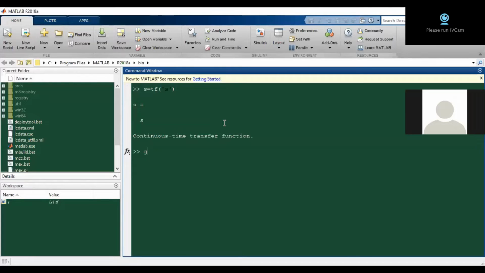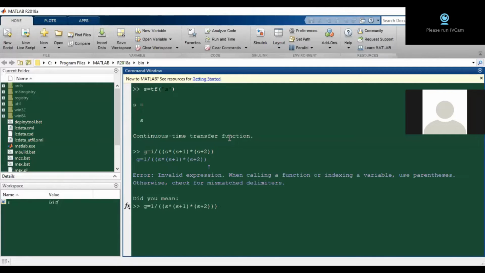So in MATLAB, if you want to plot the root locus, you have to type the transfer function without k, because in the background it will by default consider the system gain k automatically.